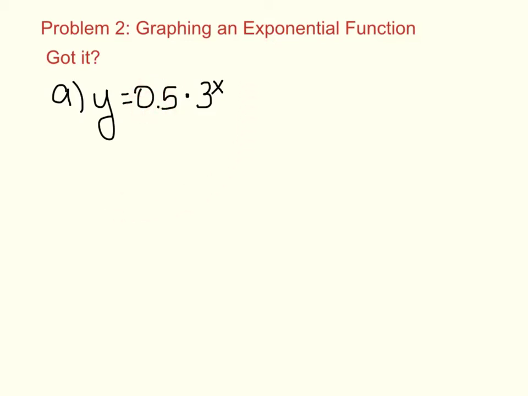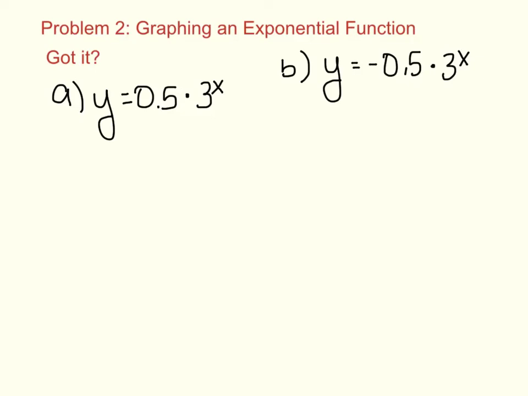If you look at b, b is y equals negative 0.5 times 3 to the x power. This means that it's still going to go up, but this negative here, when we times it, is going to make it go down. So you should have a kind of understanding how to graph this. Now you have 2 options to graph. You can't use slope, you can't use intercepts.